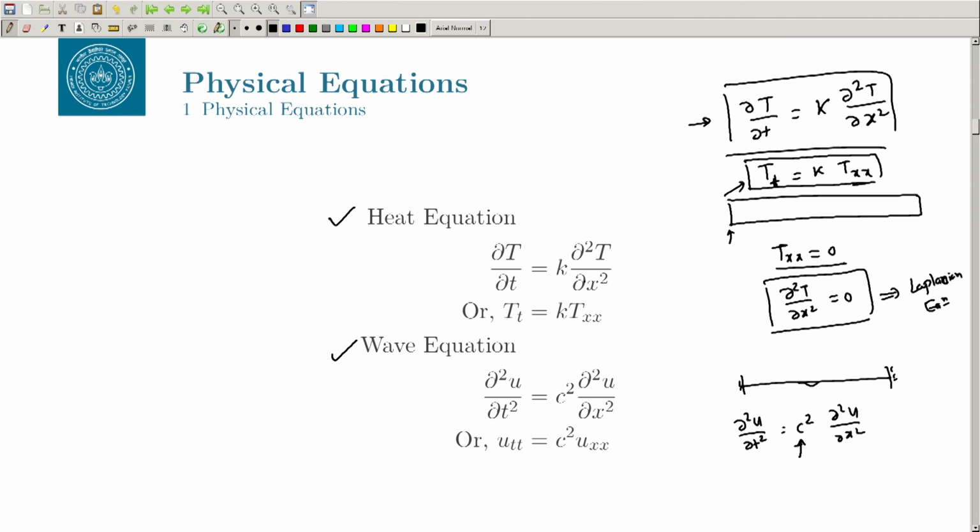Unlike in the heat equation where the information travels at an infinite speed, here it travels at a finite speed, which is given by c.